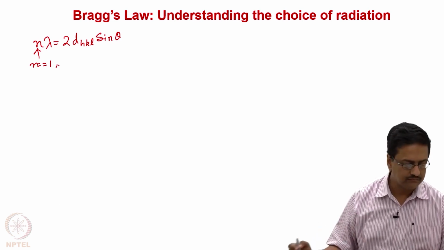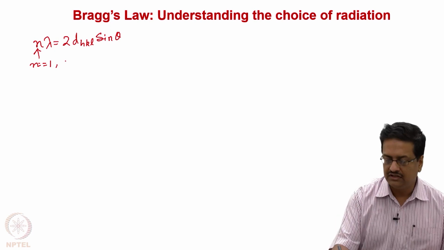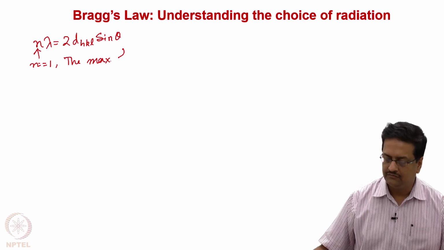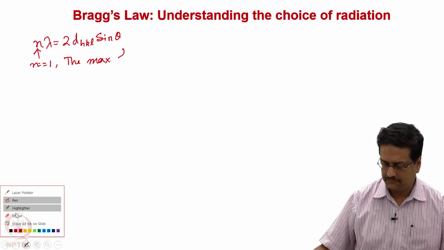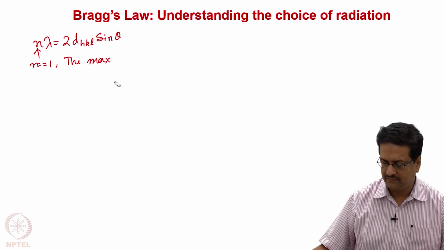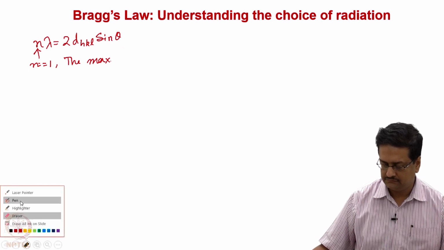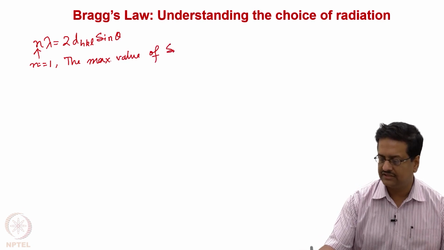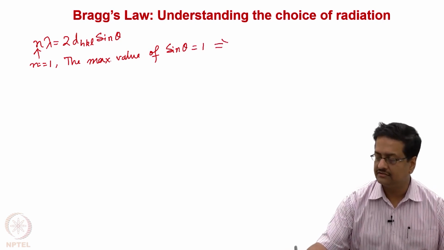So the maximum value of sin theta can be 1, which indicates theta max can be 90 degree.